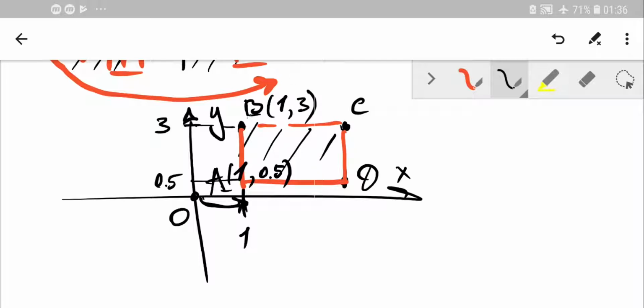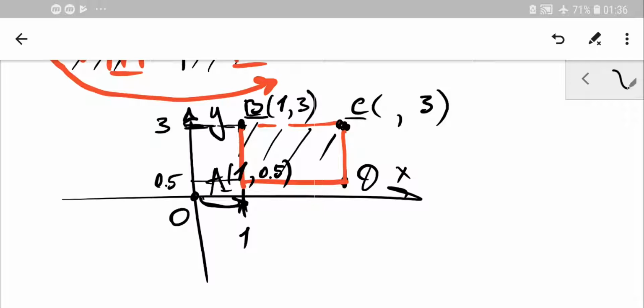If you compare B and C points, now they are on the same level for y. So that's why C should have 3 as a y coordinate, okay? But probably the x coordinate is going to be different. If you have a look at D, it will have the same x coordinate as C, but it's on the 0.5 level for y.